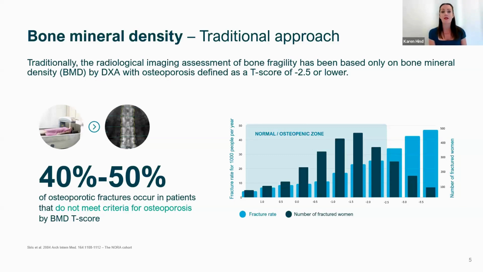Now, while we know that the fracture risk increases as BMD decreases, we also know that more fractures will occur in patients in the normal and osteopenic zone. And in fact, 40 to 50% of osteoporotic fractures will occur in patients who don't meet the criteria for osteoporosis based on BMD T-score alone.